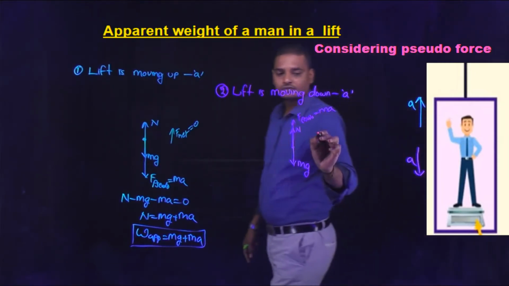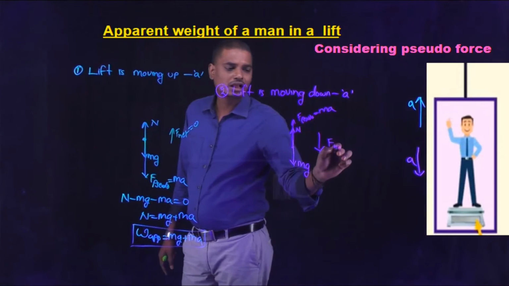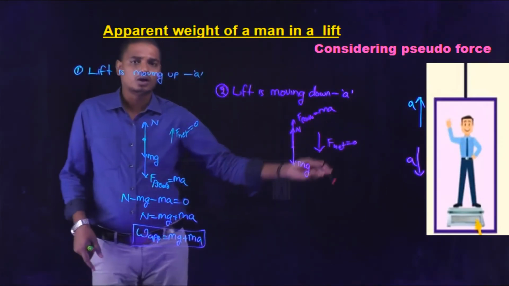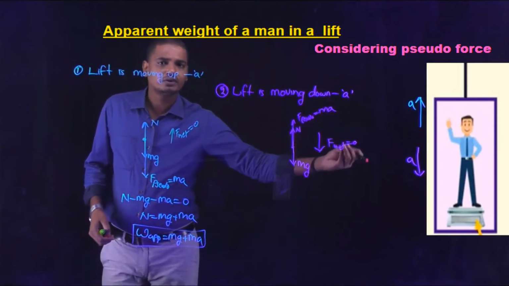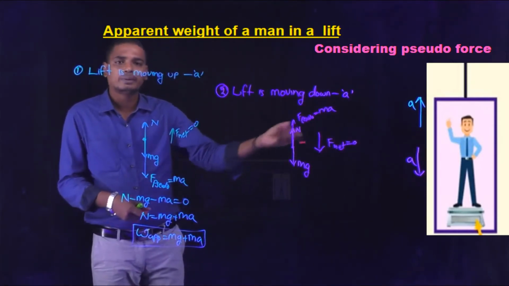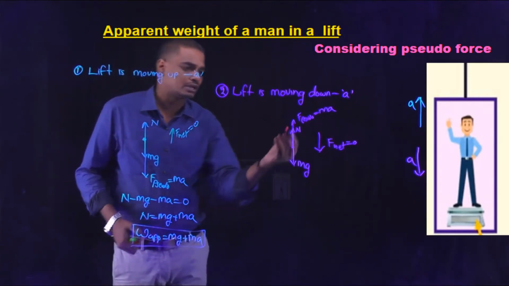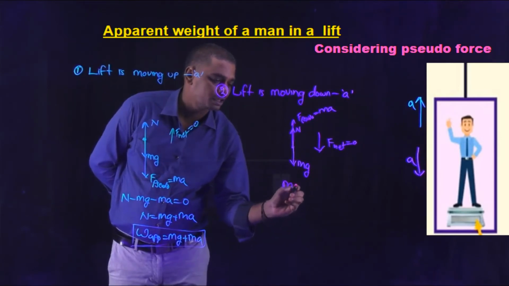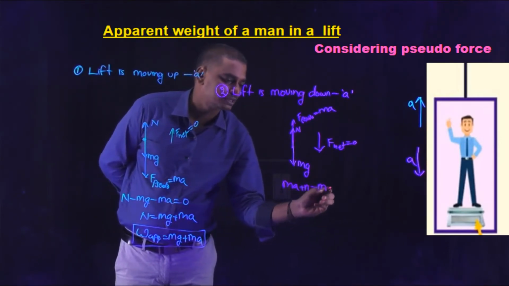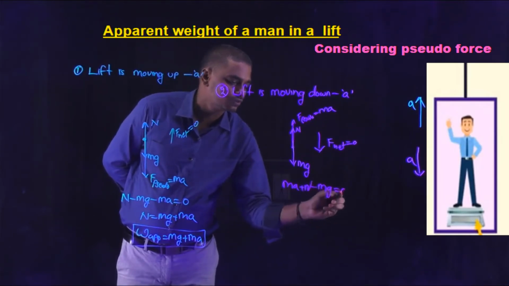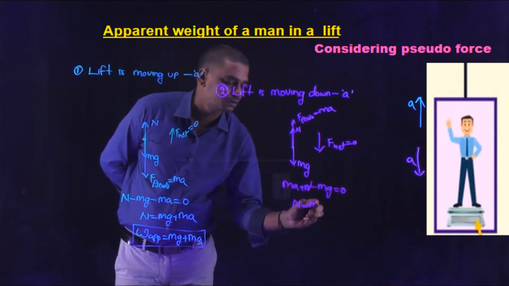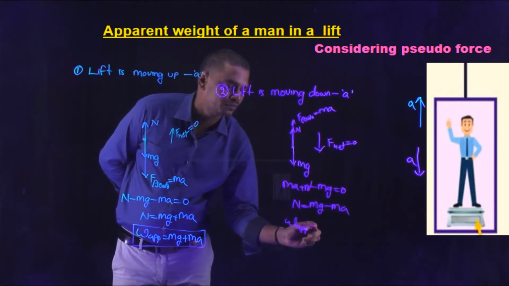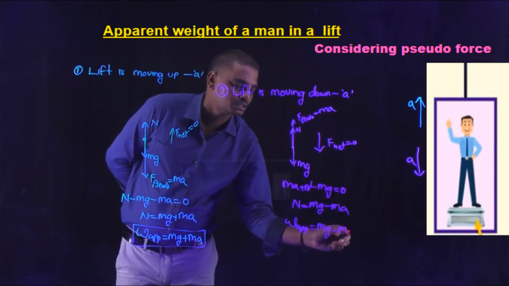The net force acting on the body is 0, because although the total lift is moving down, with respect to the frame of reference we have considered inside the lift, the person is at rest. So there is no net force acting on the body. We can write the equation as ma plus N minus mg is equal to 0, or N is equal to mg minus ma, which is the apparent weight.